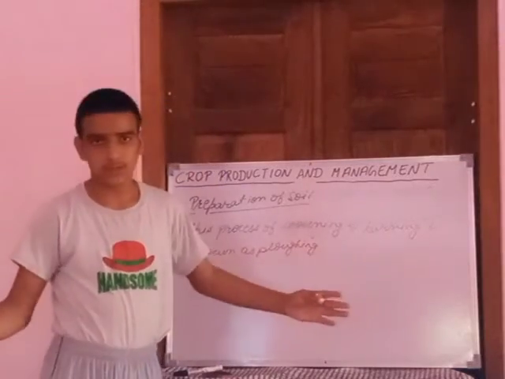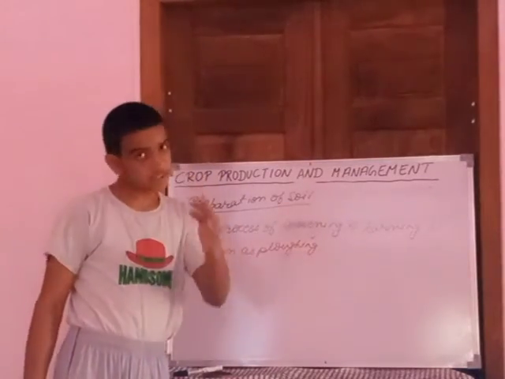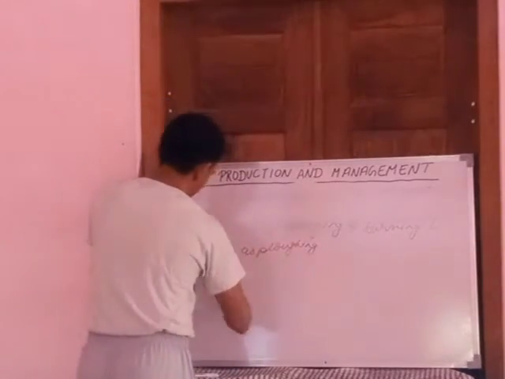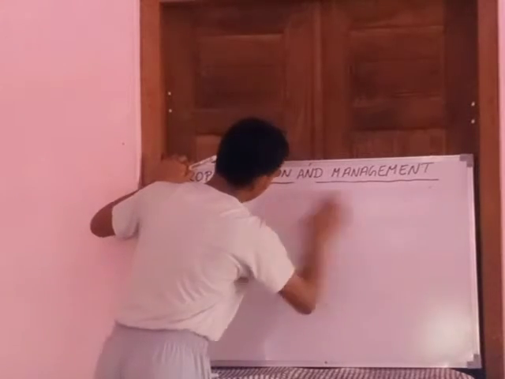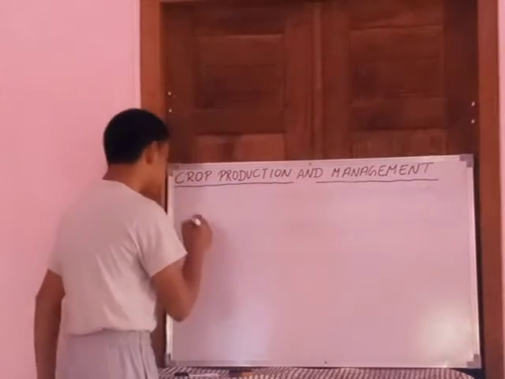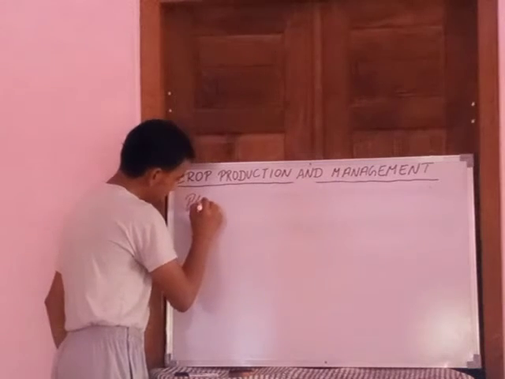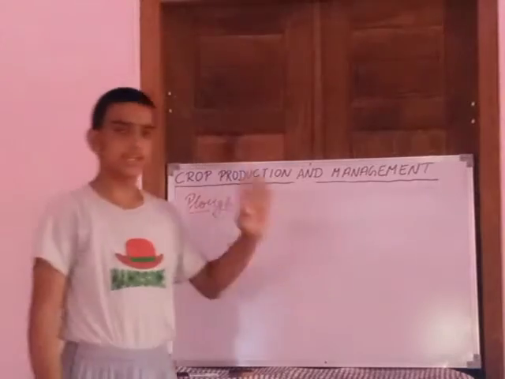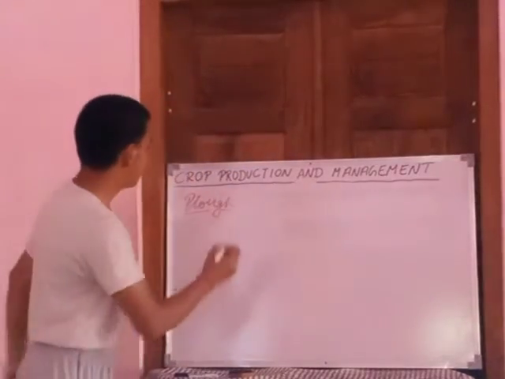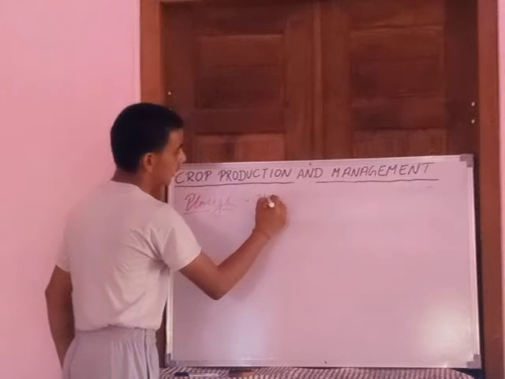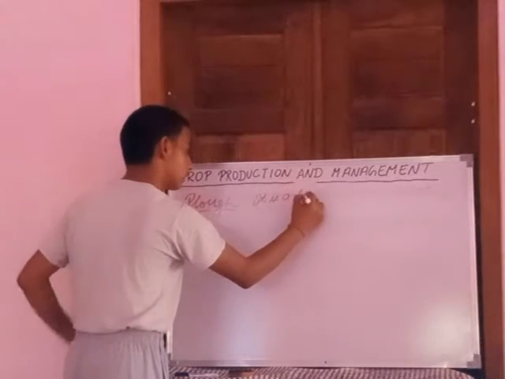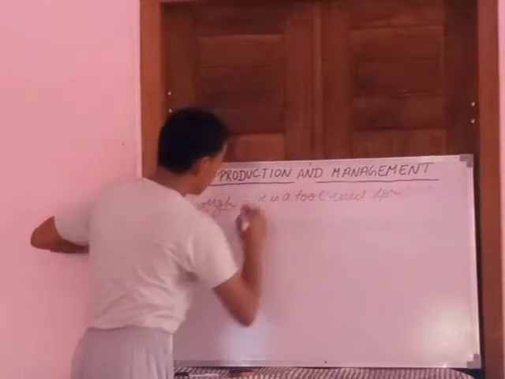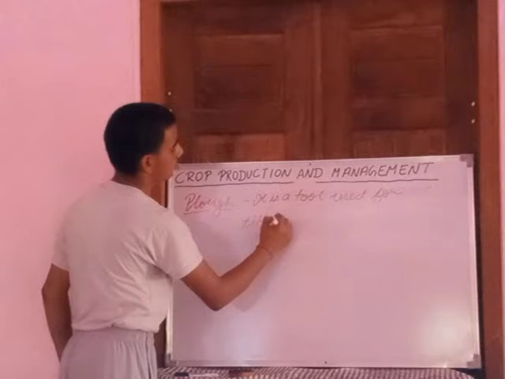Now, before moving forward, let's discuss some of the agricultural implements. First of all, let's discuss the plow. As the word itself suggests, it is used for plowing or tilling, means it is a tool used for tilling or plowing.